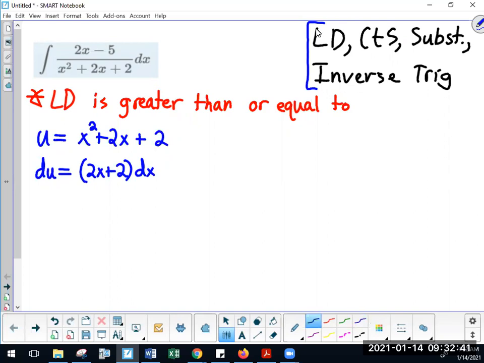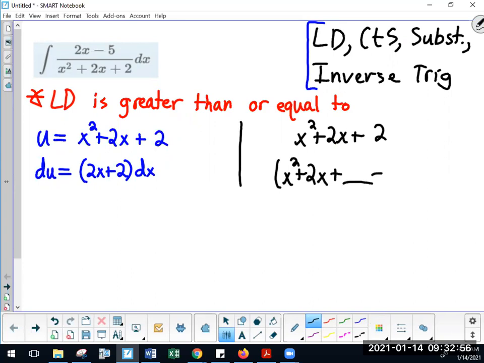Okay, maybe. Let's check out completing the square. So if I'm completing the square, I would look at x squared plus 2x plus 2. Specifically, x squared plus 2x. Then I want to add and subtract the same thing. Okay, so what's the same thing? Well, I take b, which is 2, divided by 2, and square. That's 1.